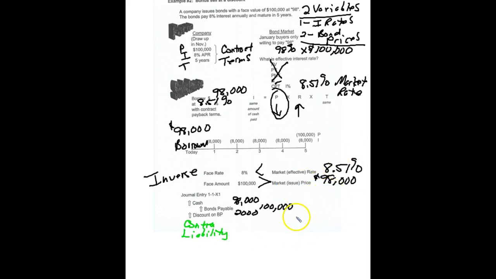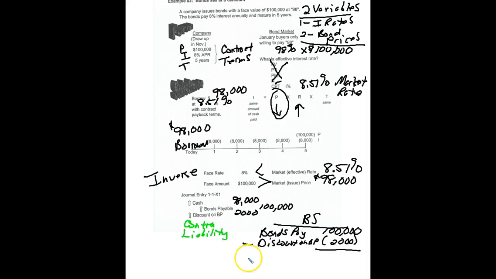So if we were to look at the balance sheet after this entry, right, in liabilities, we would have bonds payable under long-term liabilities of $100,000, and we would subtract the discount on bonds payable, $2,000.